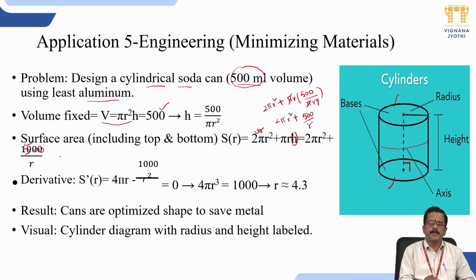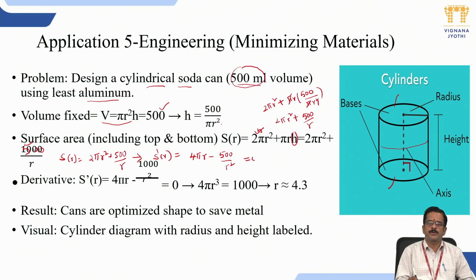So S of r equals 2 pi r square plus 500 by r. Its derivative S dash of r is 2 pi times the differentiation of r square, which is 2r, giving 4 pi r, and for 500 by r, minus 500 by r square.